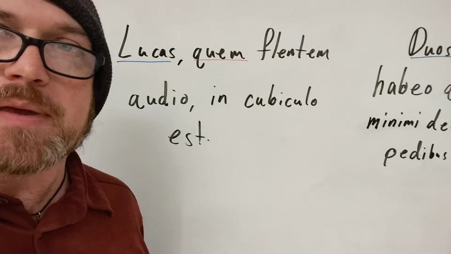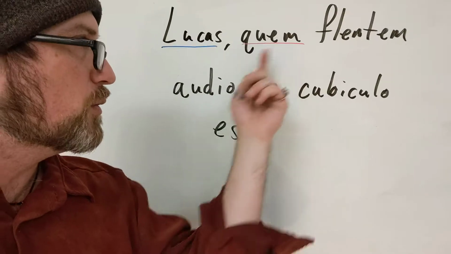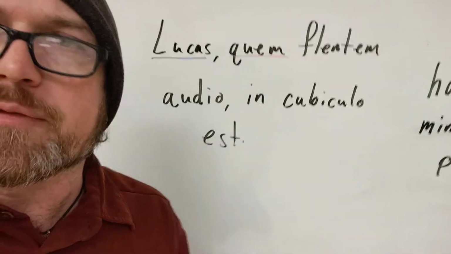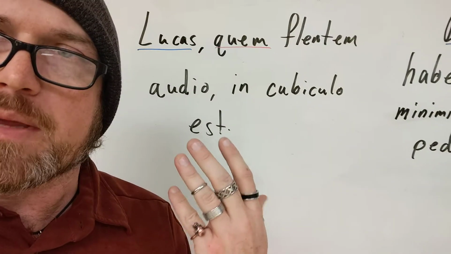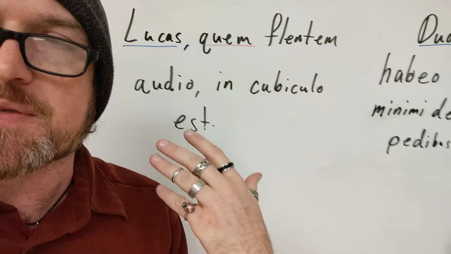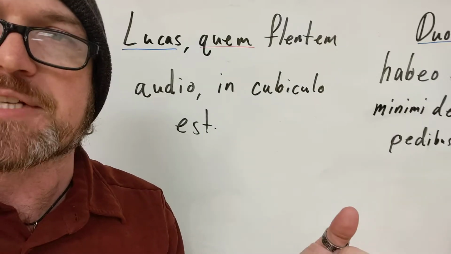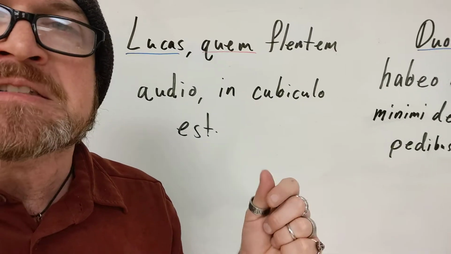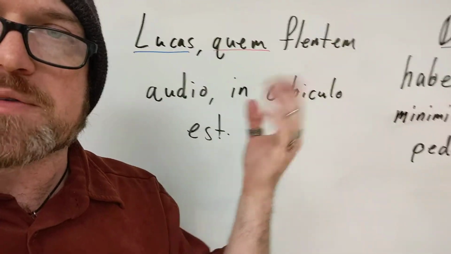But I'm describing Luke as Luke, whom I hear crying. And again, I have a relative clause here because I'm not just trying to describe him as crying, or simply trying to describe him with some simple adjective. I'm trying to describe him as the one who I hear crying. And that requires the clause.